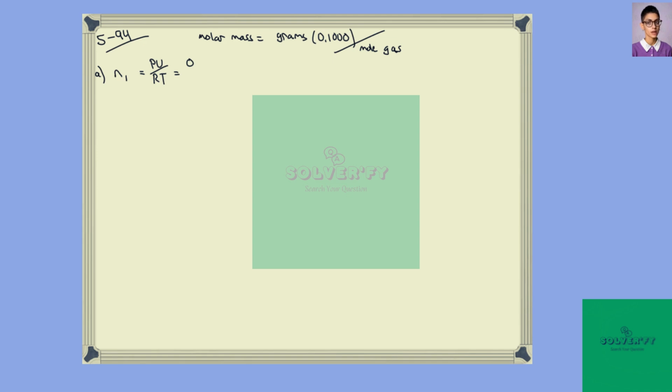Rearrangement of the ideal gas law gives us n is equal to PV over RT. We know P for each of the gases, so using P for each of the gases, the volume, 750 milliliters or 0.750 liters, R, 0.08206, and T, 70 plus 273 to get our temperature in Kelvin.